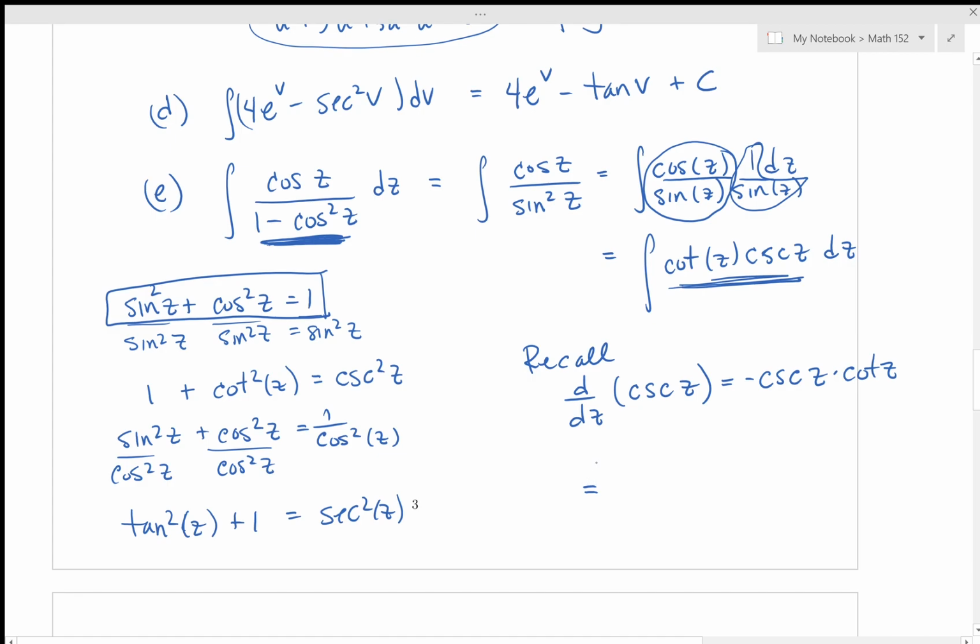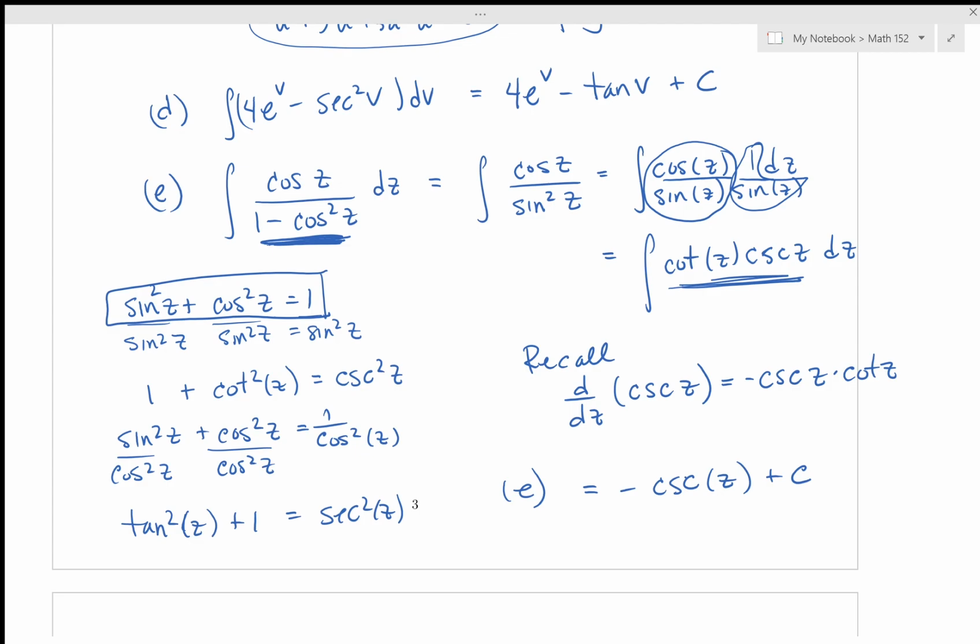So the original integral that I was talking about, E, is minus cosecant z plus a constant. That last one was a little bit trickier. We saw the trig identity, and then remembering the derivatives of the basic 6 trigonometric functions. You definitely should remember the derivatives of sine, cosine, tangent, secant, cosecant, and cotangent.